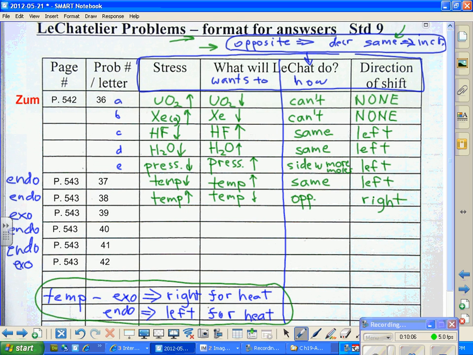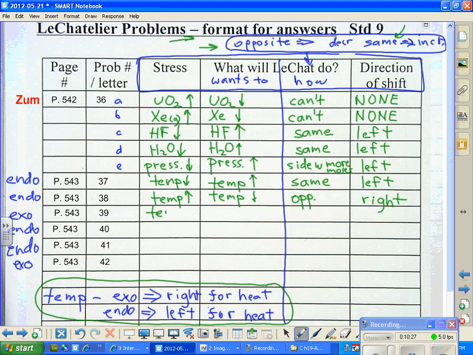That takes care of number 38. 39. We are exothermic this time, and for an exothermic reaction, what will the shift be if there is an increase in temperature? That is our actual stress.